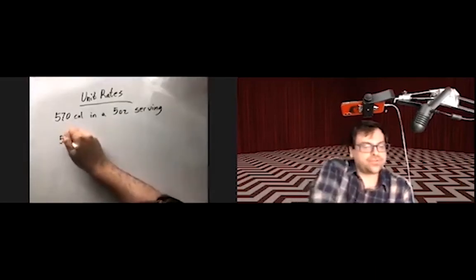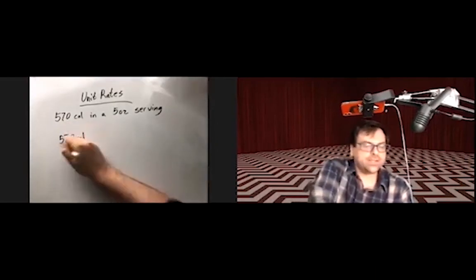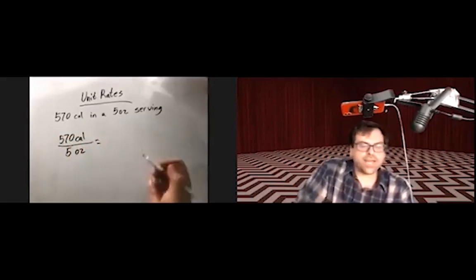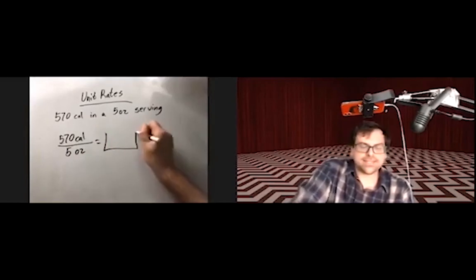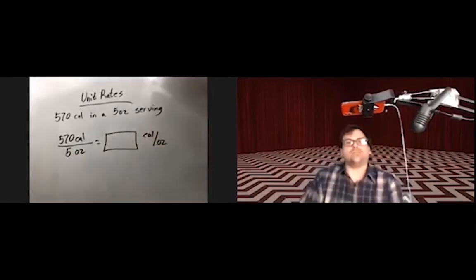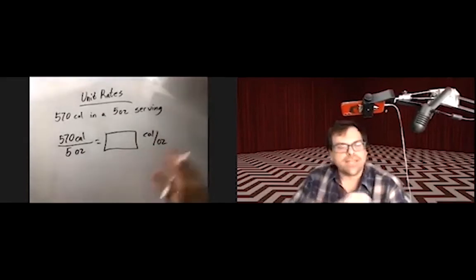So 570 calories over 5 ounces, we're going to end up writing this as some number of calories per ounce, a single number instead of a ratio.